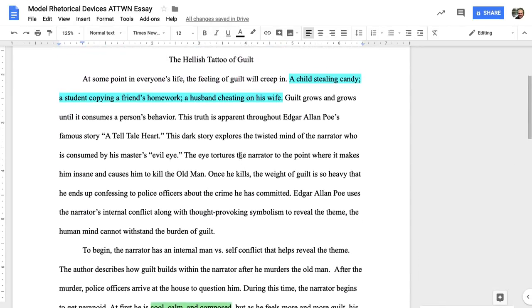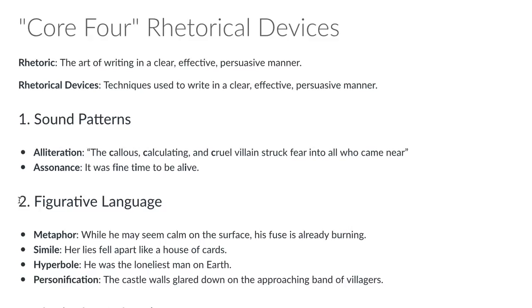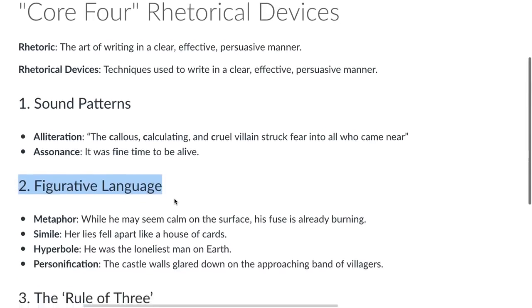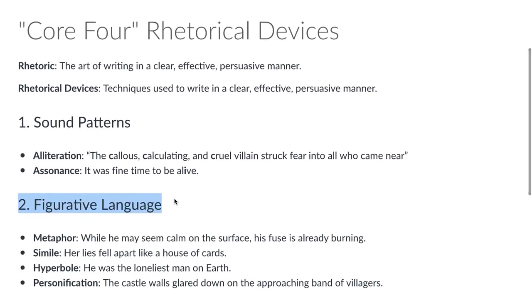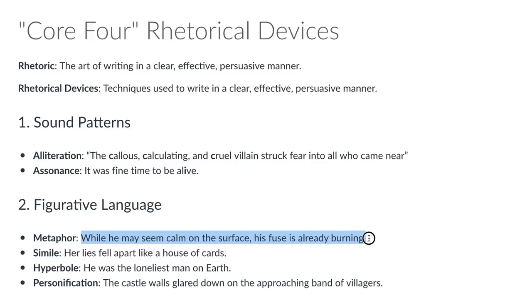Let's see. Next one, number 2, figurative language. Earlier this year, you did a blog post on figurative language where you summarized what you were reading using a metaphor, using a simile, using hyperbole, using personification. A metaphor and a simile, both of these are comparisons. A metaphor is a direct comparison of two different things.